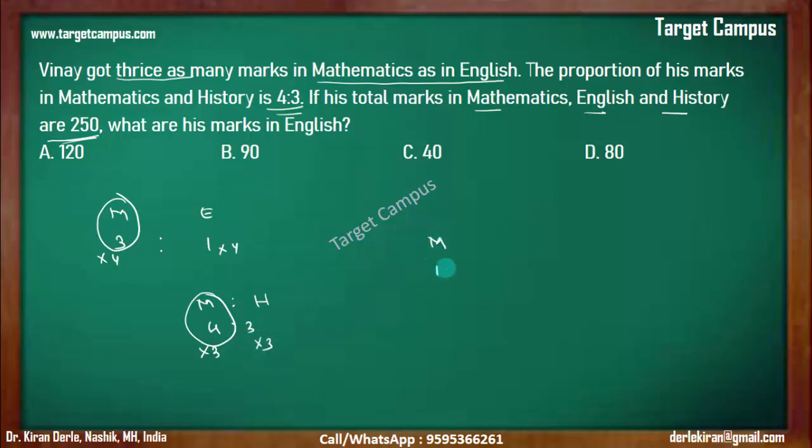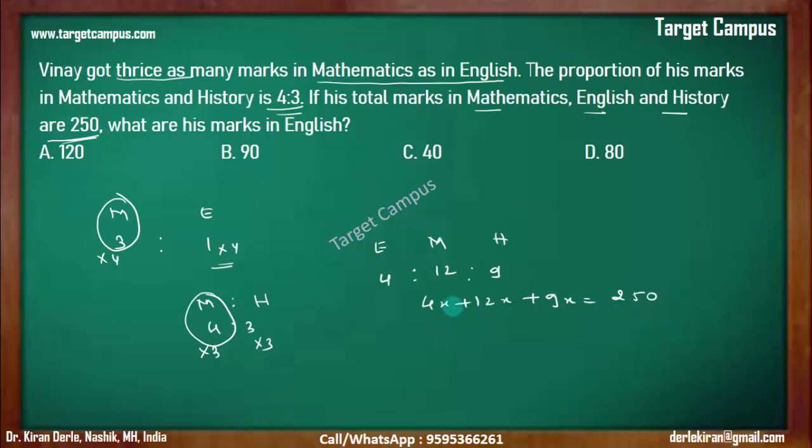Now what is the ratio? If mathematics is 12, English is 4, and history would be 9. So this is my final ratio. And if the total is 250, what is the value of each part? So 4x plus 12x plus 9x is equal to 250.